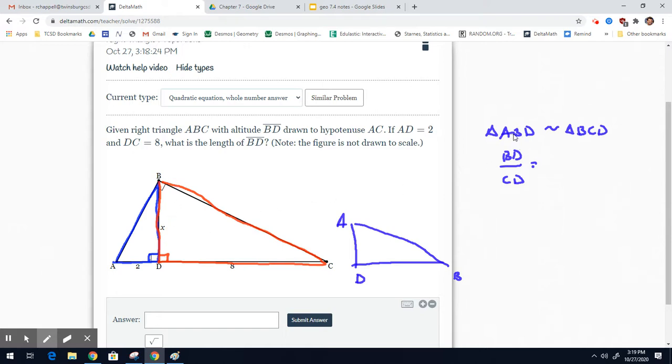I'm going to start over because I'm confusing myself. So there's my similarity statement.